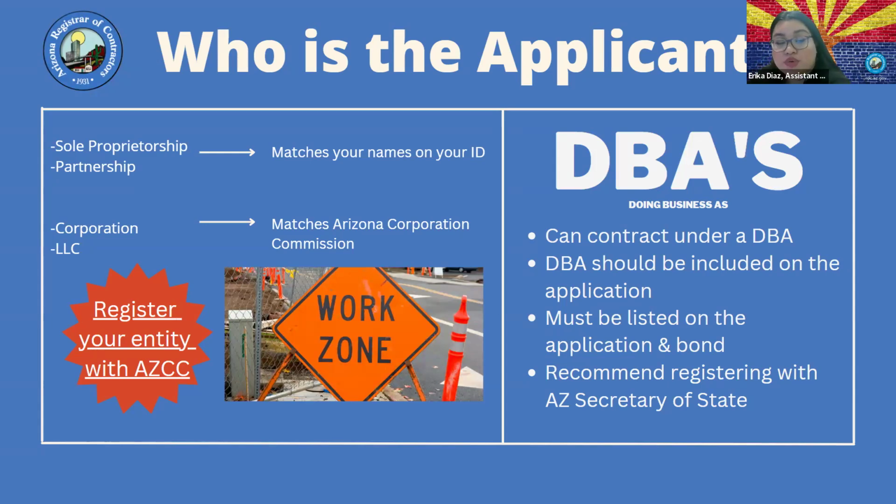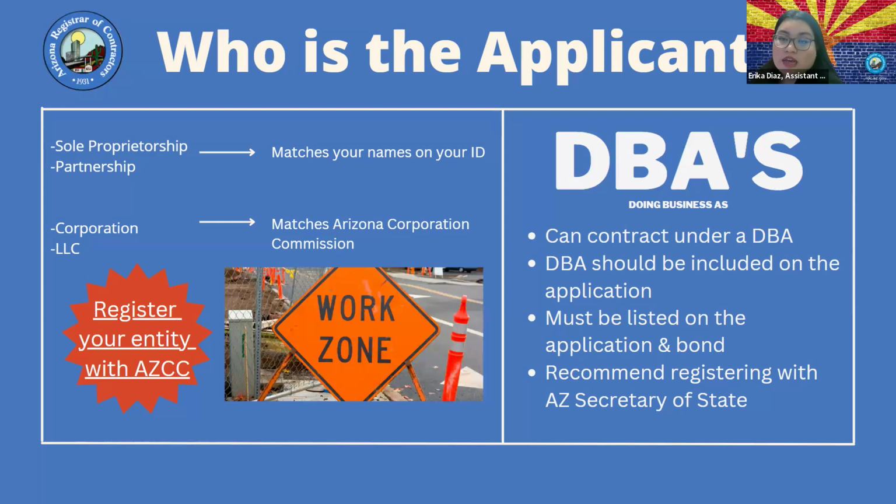That you start with creating it with Arizona Corporation Commission. And when you apply for it, you are applying with the name that you created with Arizona Corporation Commission. So it depends on what your business structure will be to know how you are going to apply. If you have managers, members, anyone who owns 25% or more, you're looking at some type of corporation or LLC. Or if you're just doing more of solo work, then you're looking at a possible sole proprietorship or possible partnership.